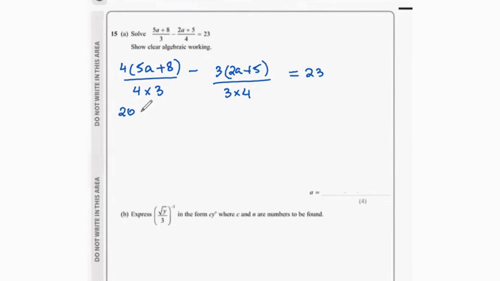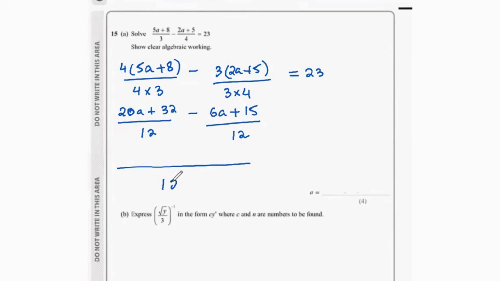So that's 20a plus 32 over 12 minus 6a plus 15 over 12. Now combine the fractions. So it's going to be 20a plus 32. Now the minus sign gets distributed in both the 6a and 15. So negative 6a minus 15 equals 23.